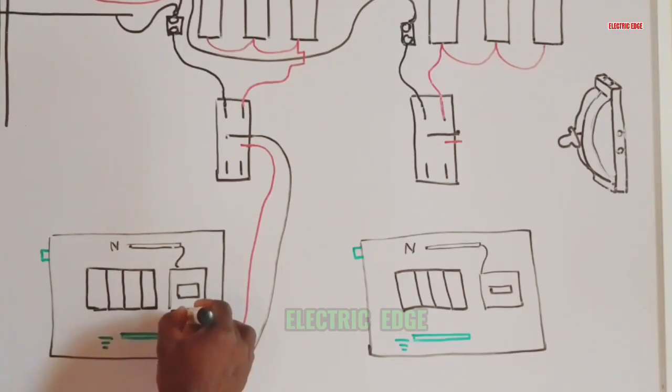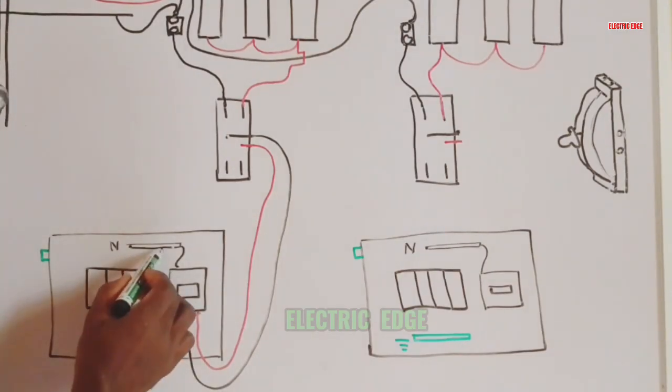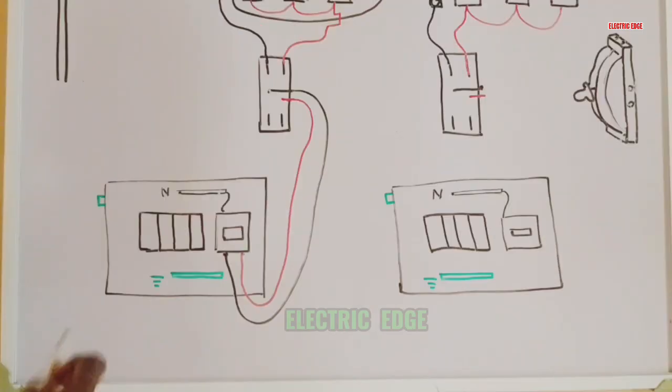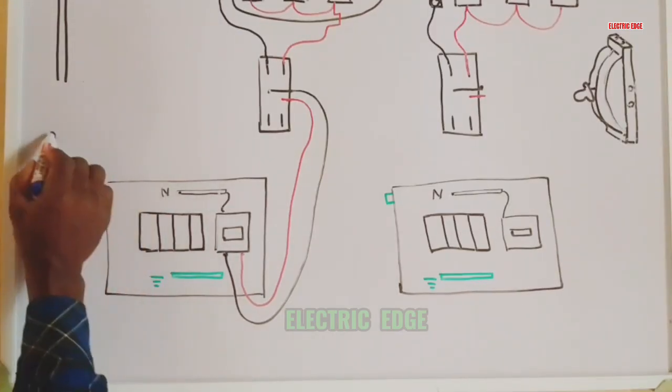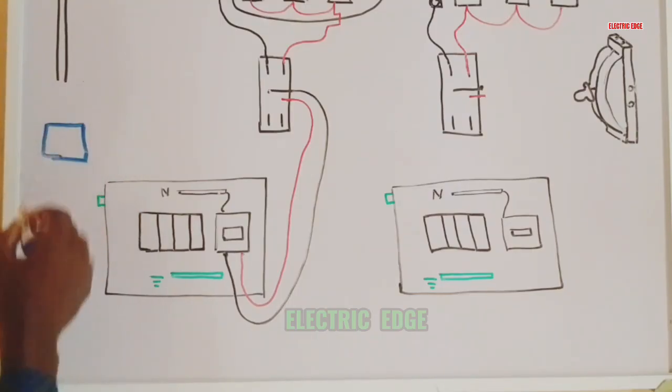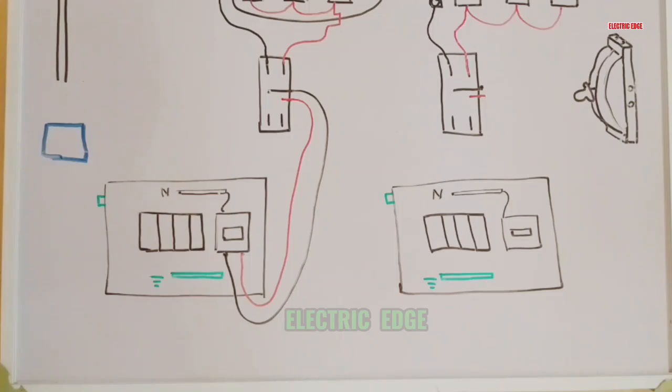The neutral will enter from here. And at this point, let's assume that you have a socket that is coming. Let me use a socket for instance. If we have a socket, this is a socket installed in the building.